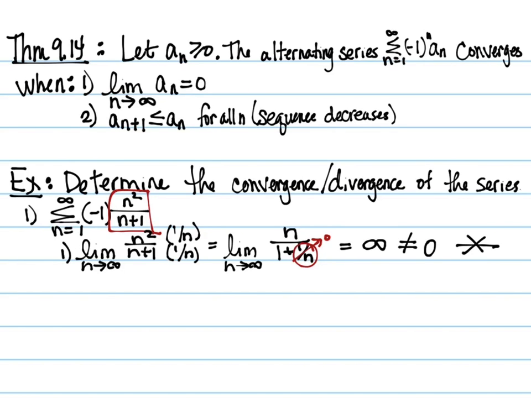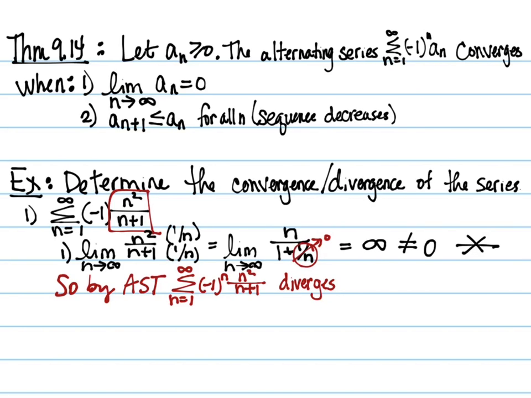So what does that mean? Well, it means by the alternating series test for divergence, AST, the summation from n equal 1 to infinity of negative 1 to the n times n squared over n plus 1 diverges, because it fails one of the two pieces that it needed to pass in order to be convergent.